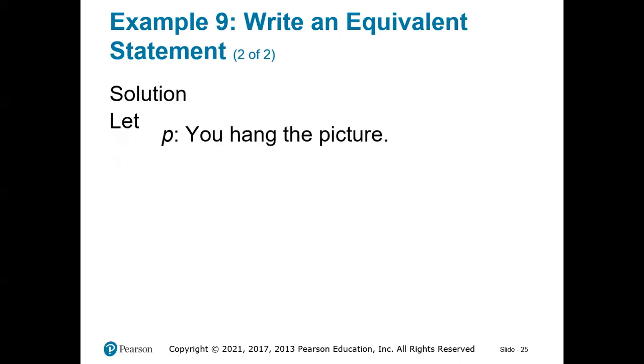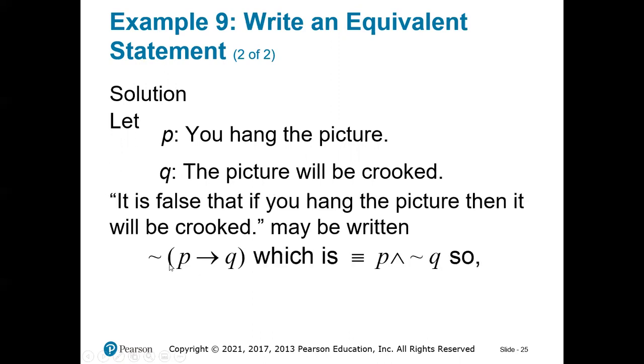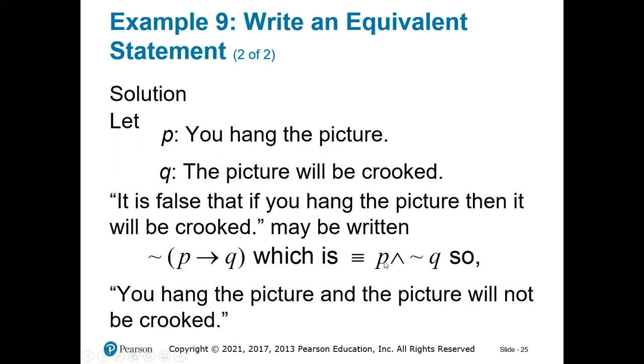If we translate this to symbols, P is you hang the picture and Q is the picture will be crooked. It is translated as the negation of P implies Q. The negation of the conditional can be written as a conjunction, which is P and the negation of Q. So in words, you hang the picture and the picture will not be crooked.